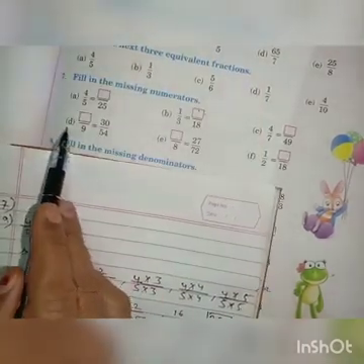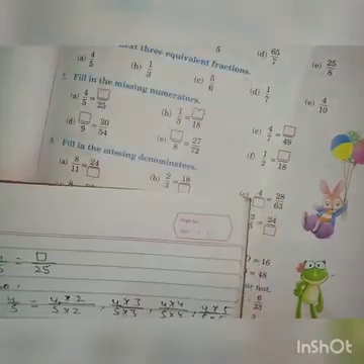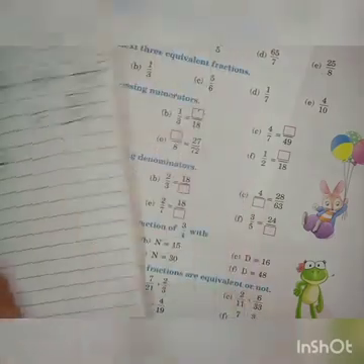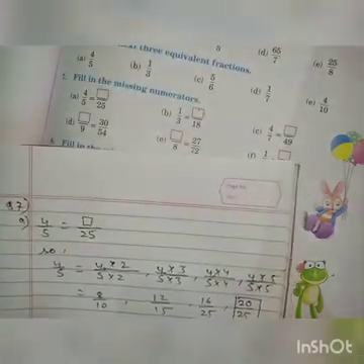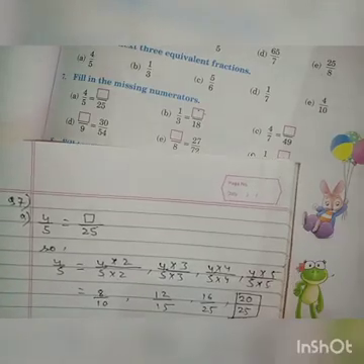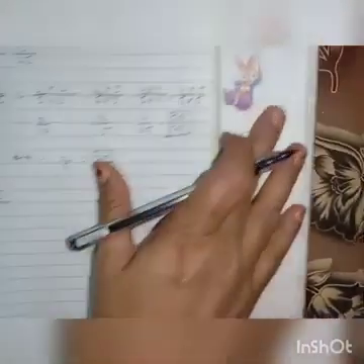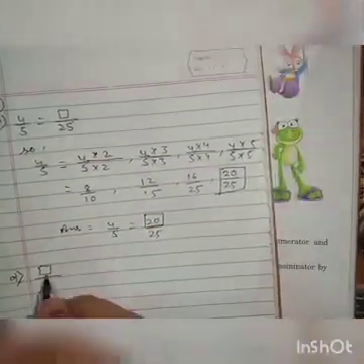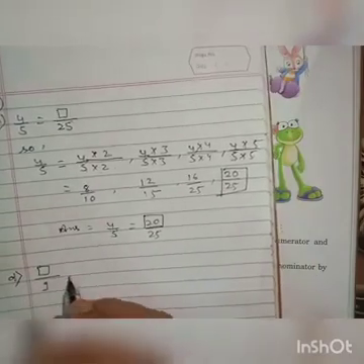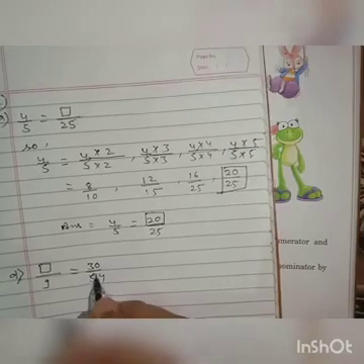In question number 7D, the blank is here, is equal to 30 by 54.